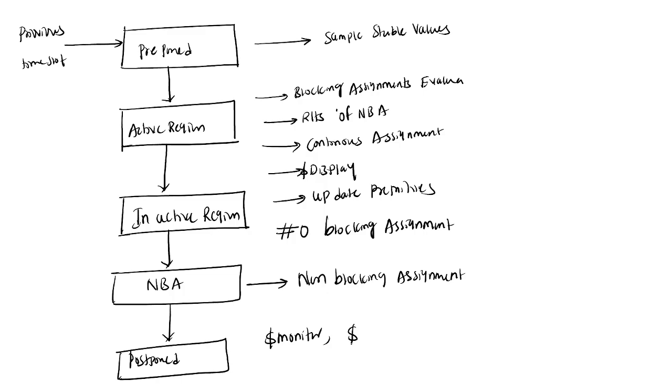And $strobe means the last updated value will be displayed. This will be executed in the postponed region. Is it fine? Shall I move forward?